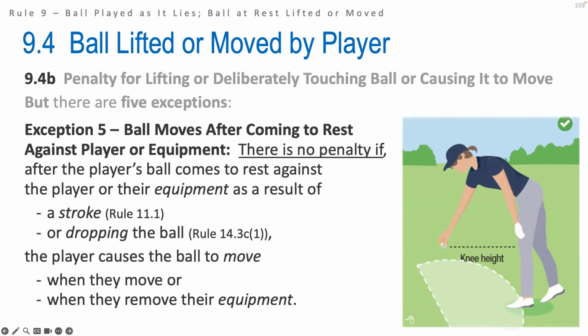Maybe part of their equipment. That's okay if they're causing the ball to move. Or here we see it hit the player's foot. So as long as we replace this, if it happens accidentally. If it happens deliberately, we're going to need to look at Rules 11 and 14 and kind of figure out what we need to do.